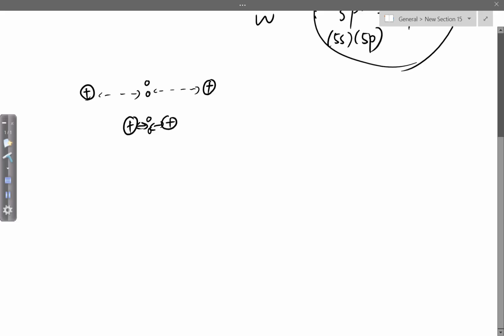Careful, there's a trap somewhere. Actually, you can make use of the bond energies in the data booklet, right?